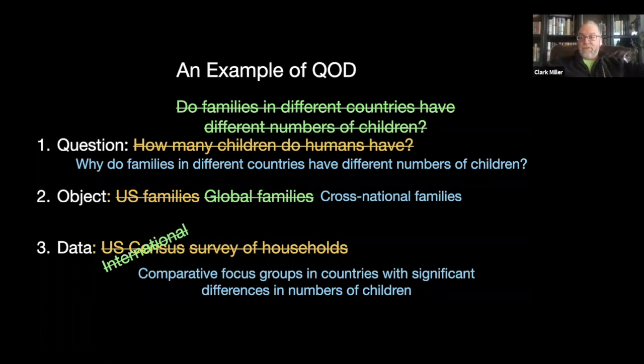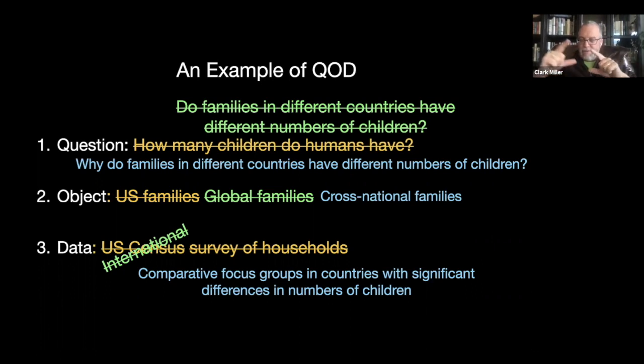So now we don't have to do the whole world, but instead we're going to look at 3 countries, and we're going to compare families, and we're going to do these focus groups, 3 focus groups, 1 in each of these 3 countries, or maybe a few in each of these 3 countries in different communities within the countries, right, to explore this question, right? So again, Q, O, and D have aligned.